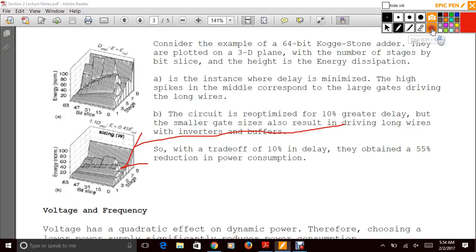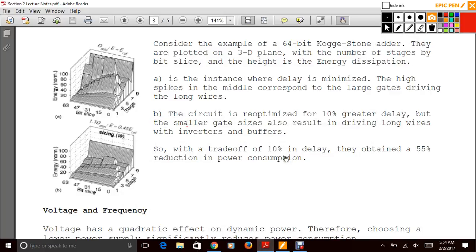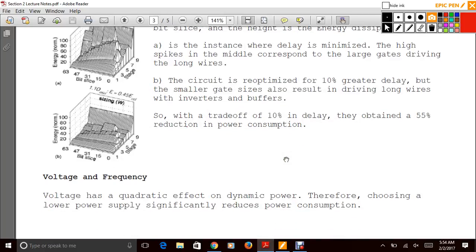So they reduce power by increasing delay with smaller gate sizes in all of these different stages. What they were able to do is consume less power. It just took a little extra time. So it takes 10% longer, but obtains a 55% reduction in power consumption.